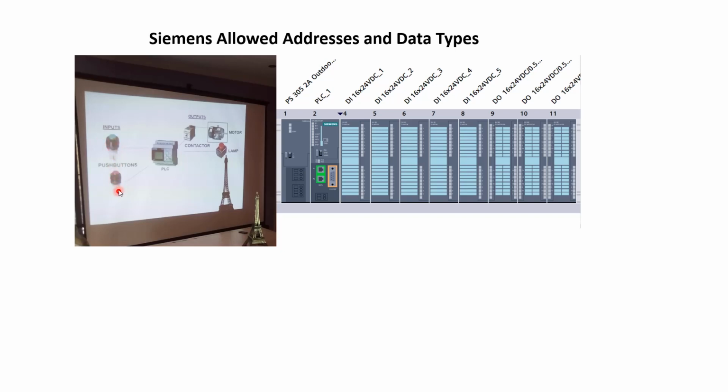Those inputs must have addresses, say I1, I2 for this particular relay, or I0.0, I26.0, I45.0, I100.0, I100.7.